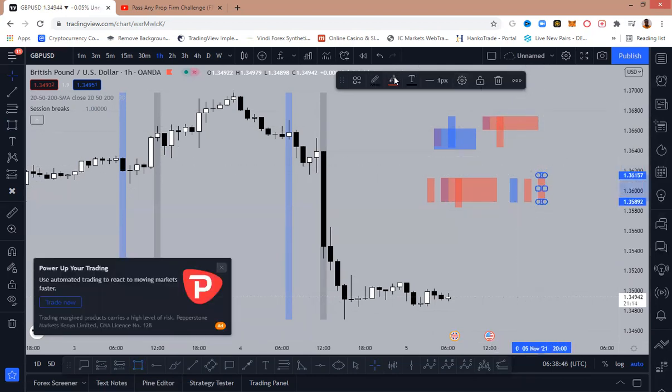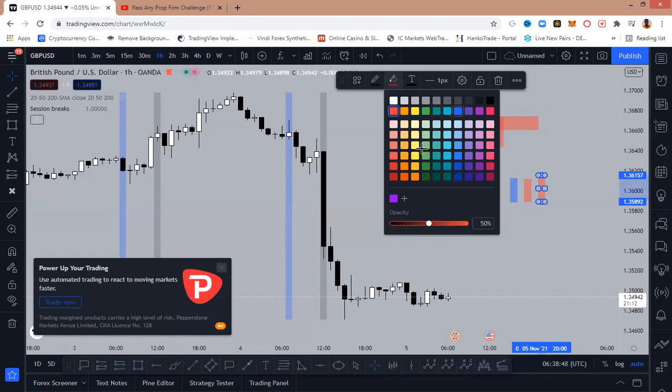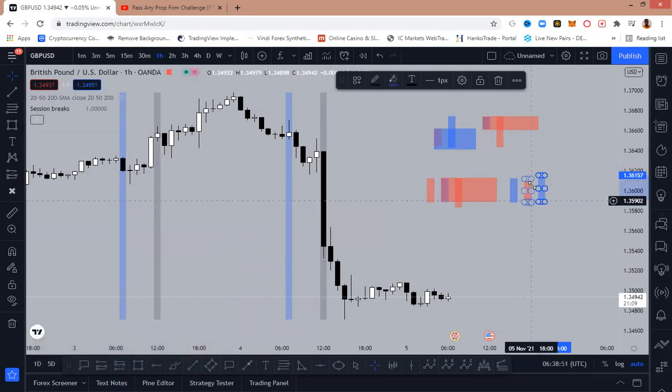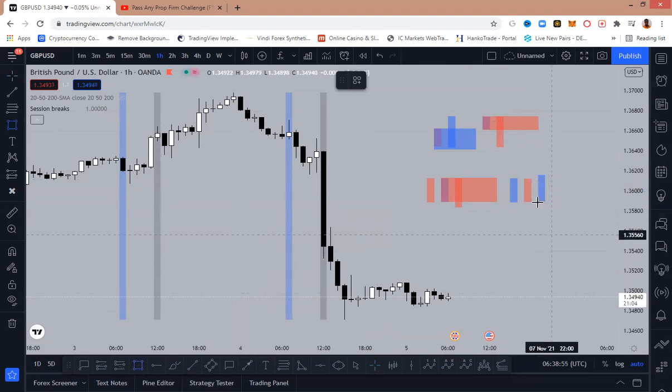Maybe it will go slightly above, or maybe they might all be equal, but they all represent a continuation to the upside. So this kind of order block we call a bullish, bearish, bullish order block.